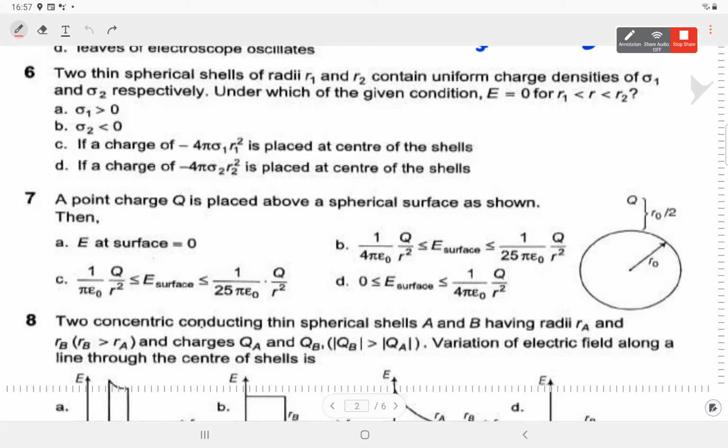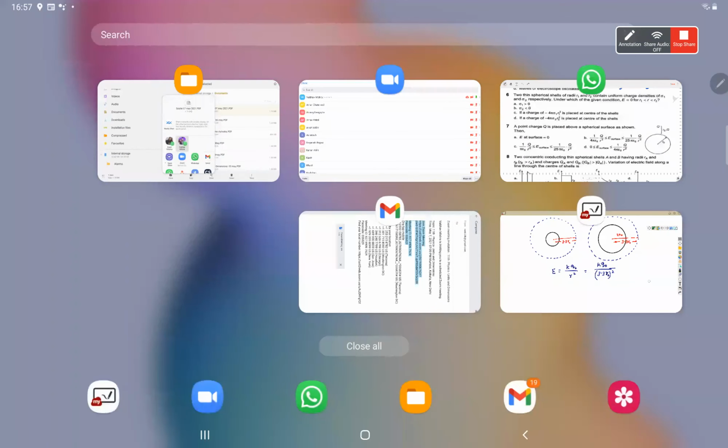Okay. Two thin spherical shells of radii R1 and R2 contain uniform charge densities sigma 1 and sigma 2. So these are actually concentric shells having the charge densities sigma 1 and sigma 2.